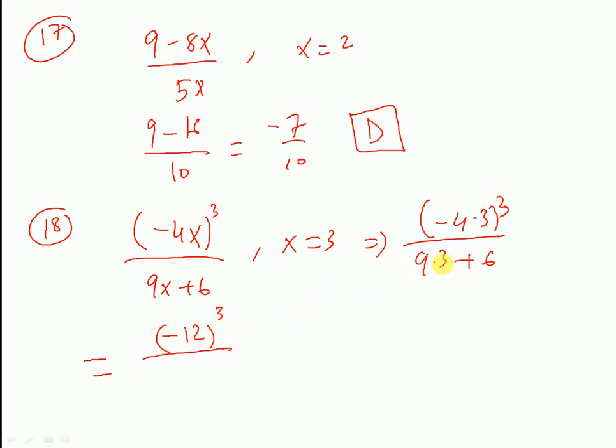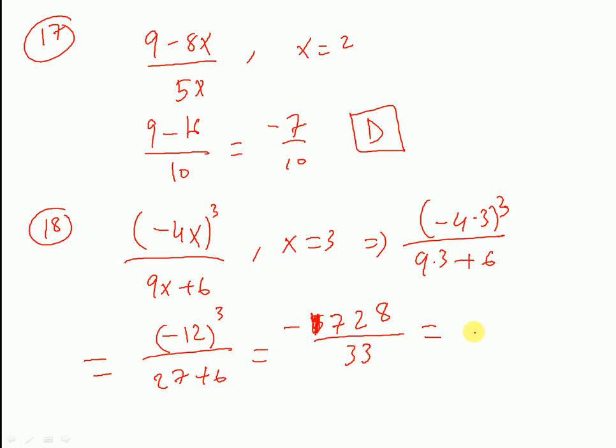On the bottom, 9 times 3 is 27, and 27 plus 6 is 33. When you cube minus 12, that means minus 12 times minus 12 times minus 12, that should be minus 1,728 over 33.